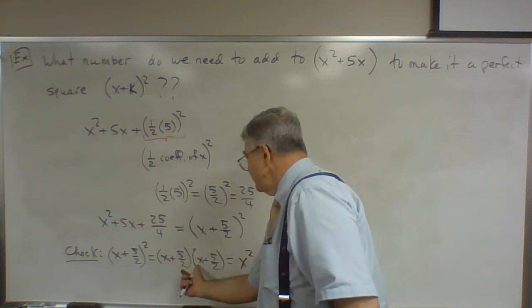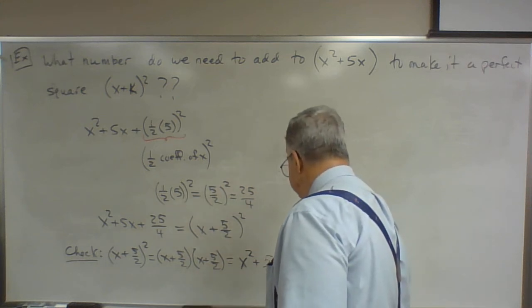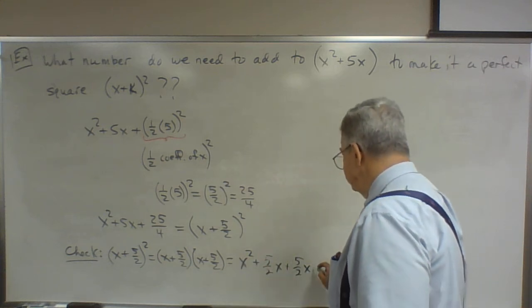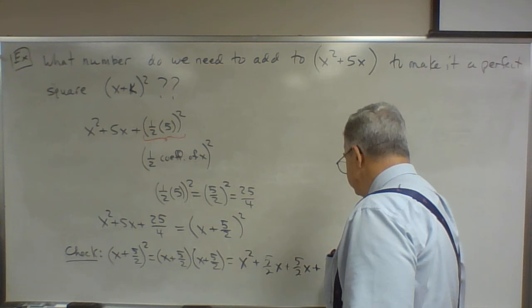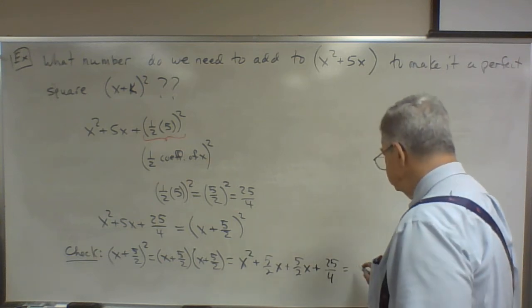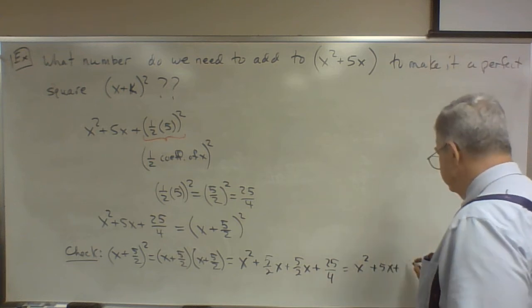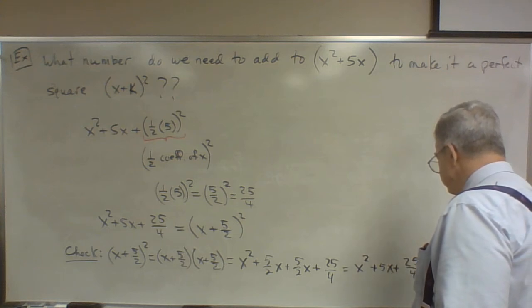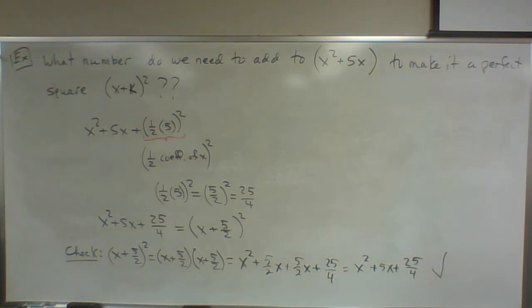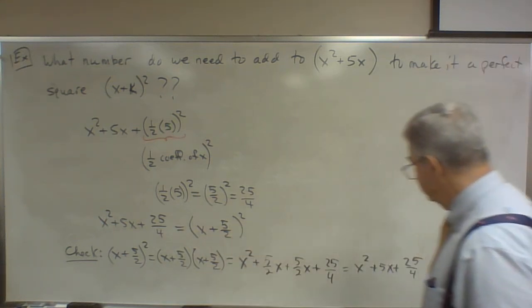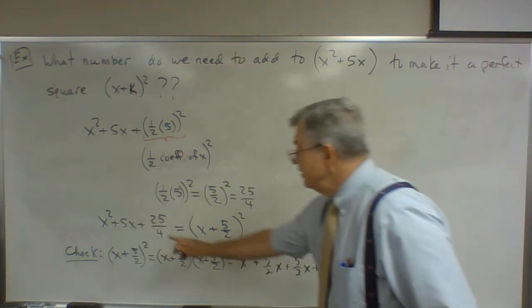We'll do the inners. x times 5 halves is 5 halves x. And 5 halves times 5 halves is 25 fourths. Okay, that's exactly what we should get. So x plus 5 halves squared does equal this thing.